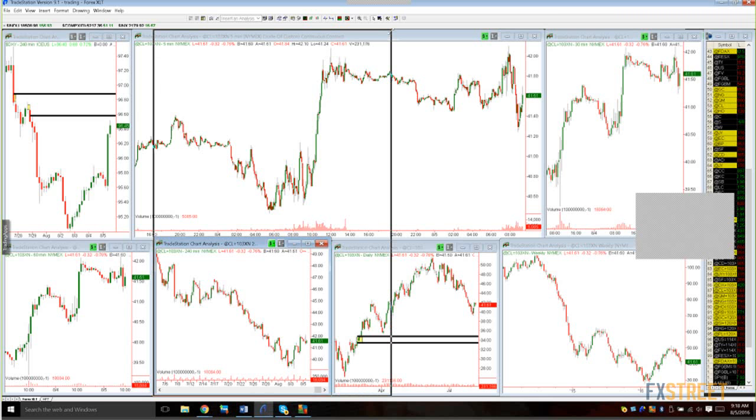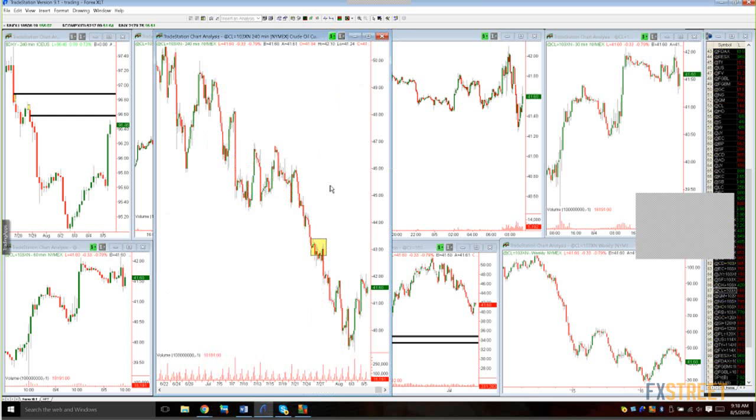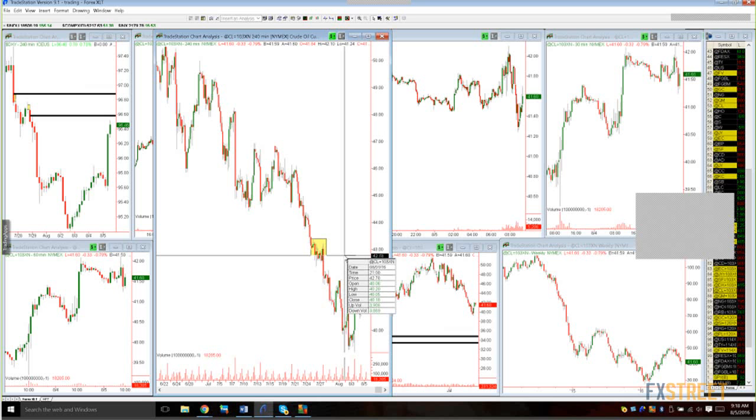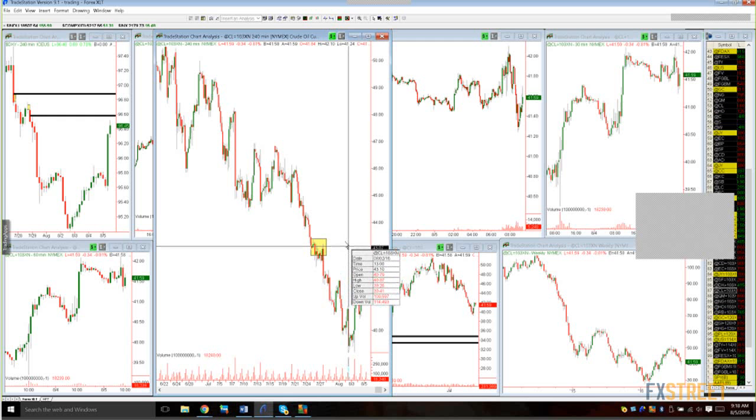I've looked at this chart so much already this morning, it's not even funny. So I'm just going to combine these two levels on top of each other. And then, of course, we have a couple great levels sitting on top of that. What we're looking at here is, actually I had 42.85 up to 43.40.